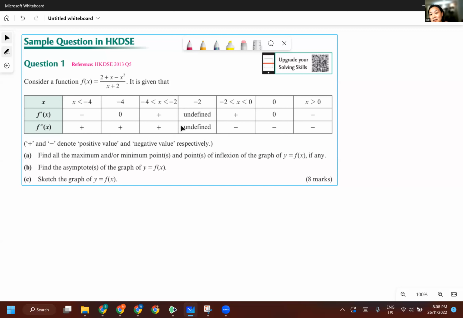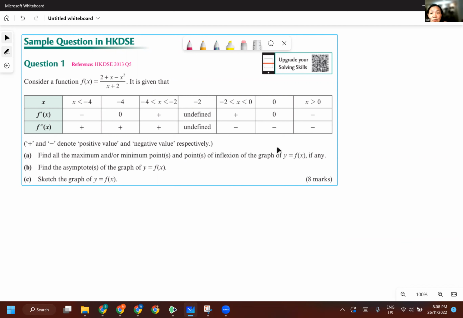And all that. Perhaps negative, 0, positive, these are definitely going to be useful. Now look at the question. Find all maximum and all minimum points and points of inflection of the graph of f of x, if any.